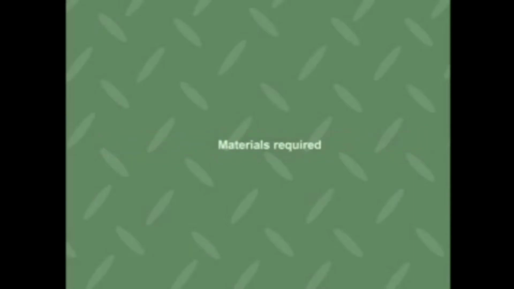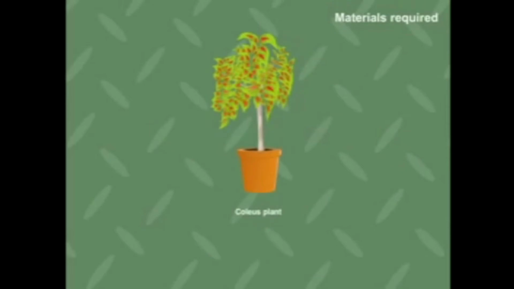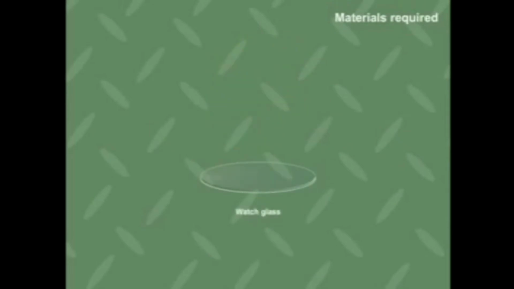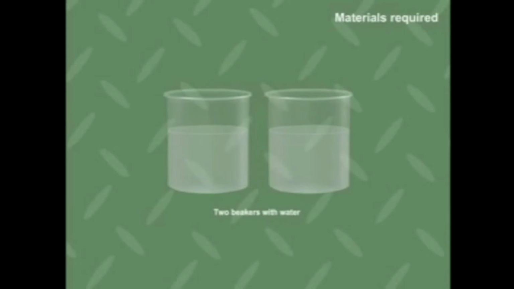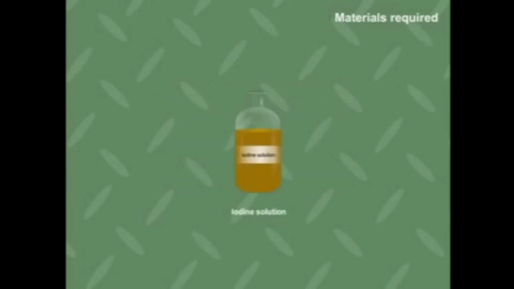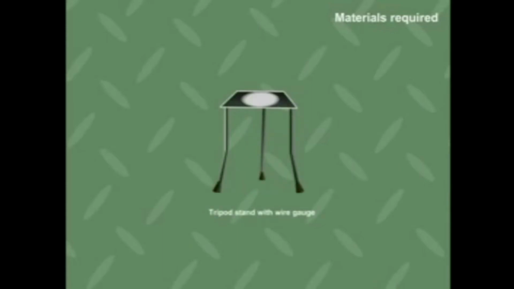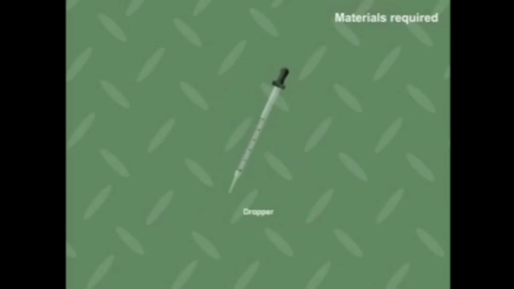Materials required: coleus plant, watch glass, test tube, 2 beakers with water, iodine solution, alcohol, white paper, Bunsen burner, forceps, tripod stand with wire gauze, and dropper.